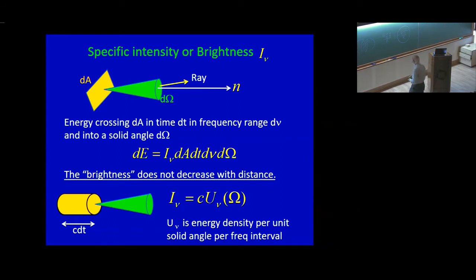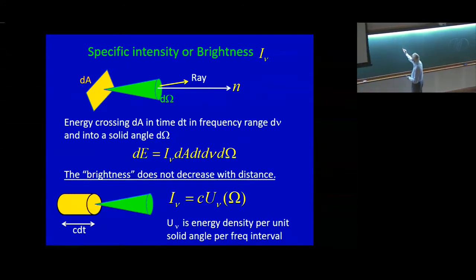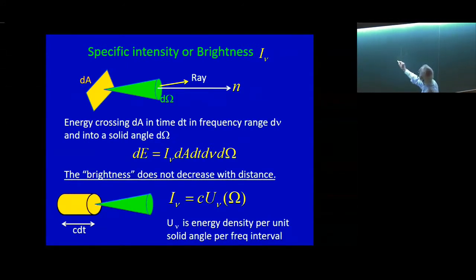For those of you who are in a more advanced stage in your education and more interested in mathematics, convince yourself that this quantity I nu over nu cubed is a Lorentz invariant. We are not concerned with it right now.